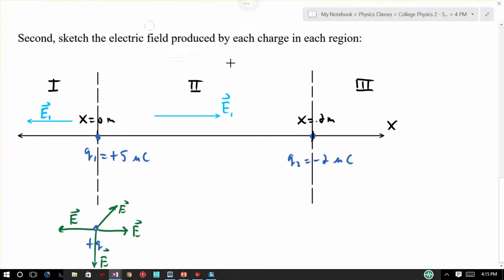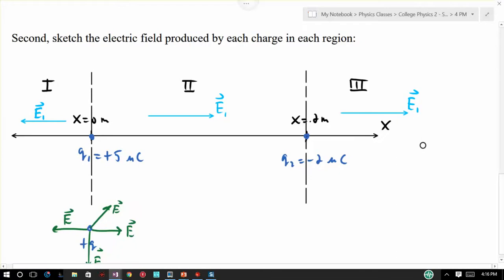Now, a point that I get a lot of questions about from semester to semester is people get a little confused with region 3 because there's a charge, right? If you're somewhere in region 3 over here, charge 2 is between this point and charge 1.